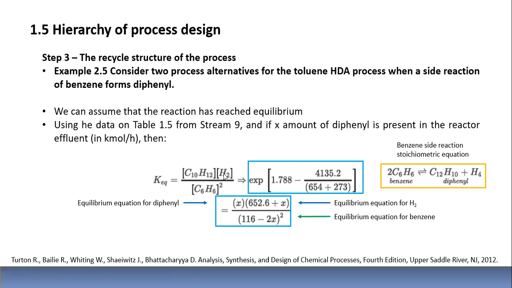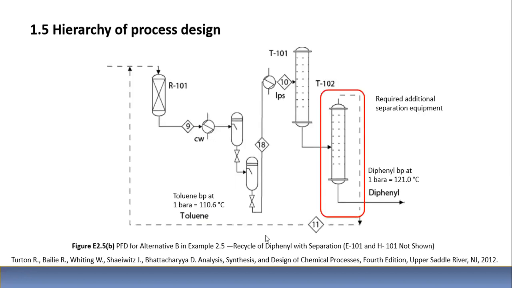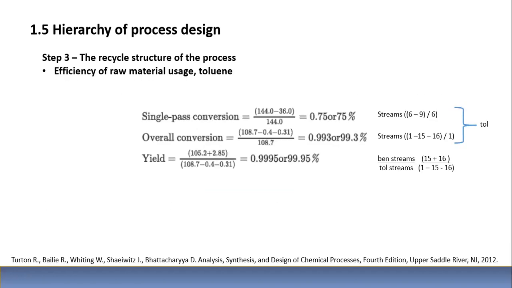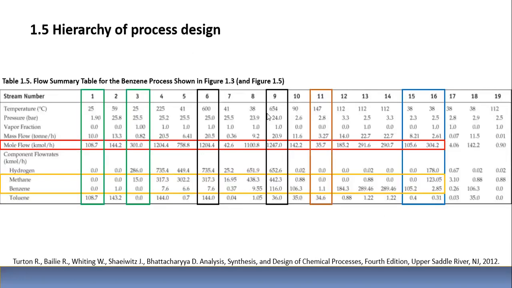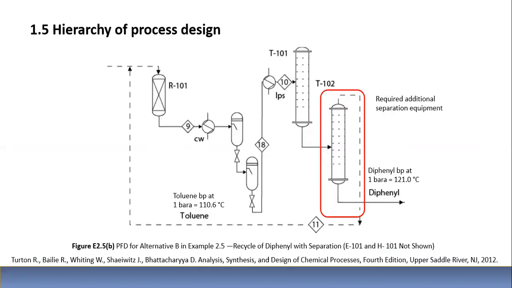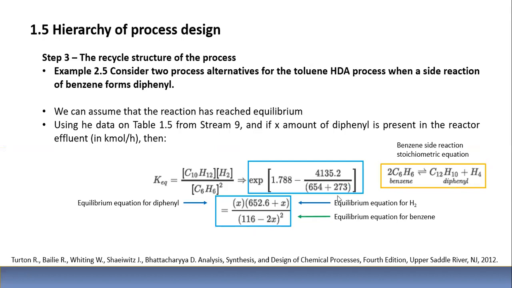And the amount of hydrogen produced is known, which is the amount of hydrogen after the reactor. On stream 9, we see the amount of hydrogen after the reactor, which is 652.6 kilomoles per hour of hydrogen. So we go back to this problem.